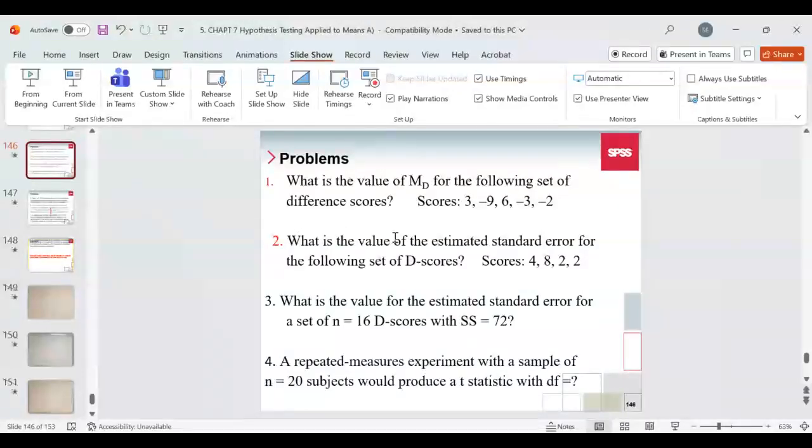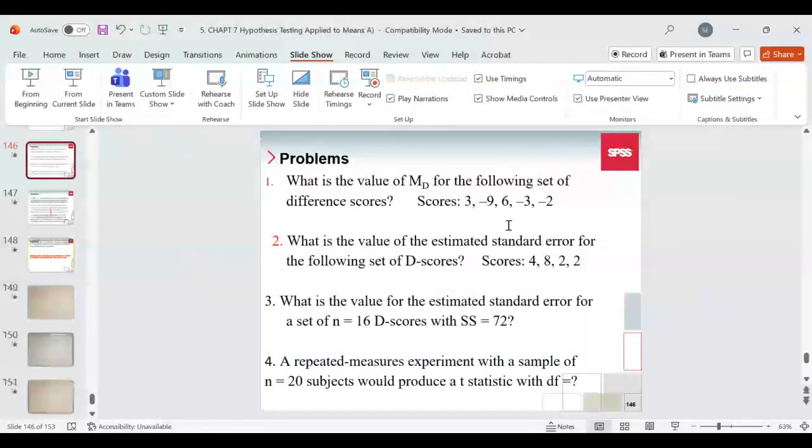So first one says, what's the value of MD, mean difference, for the following set of difference scores? The formula for MD was sum of D divided by N. So we know N is 5. There are 5 sets of scores. MD is sum of D divided by N. So sum of D, these are D scores, difference score, that's what the D is.